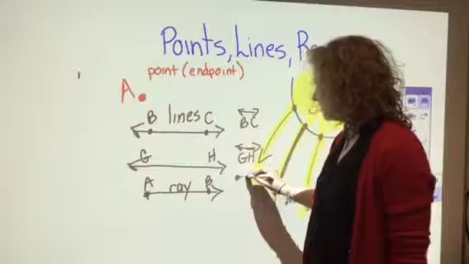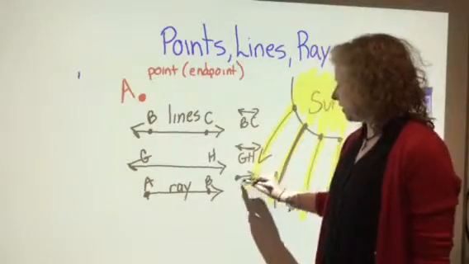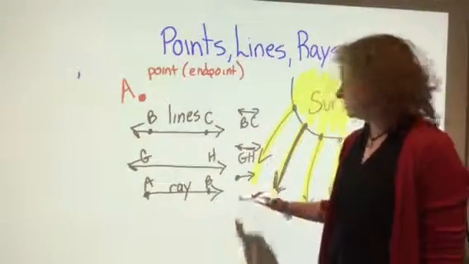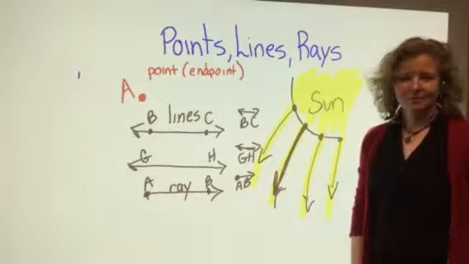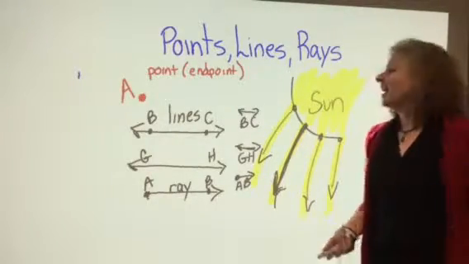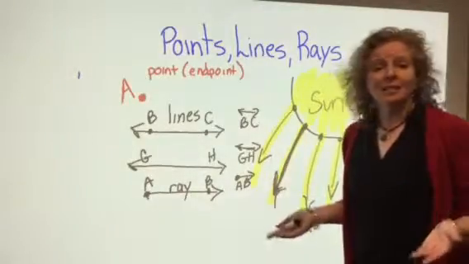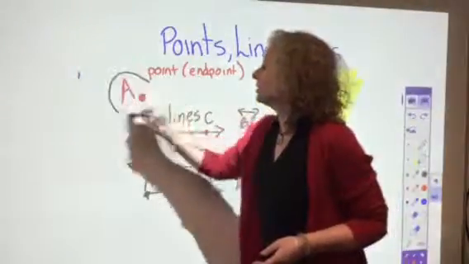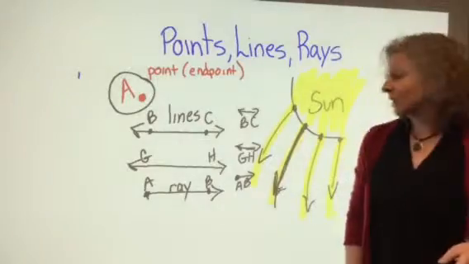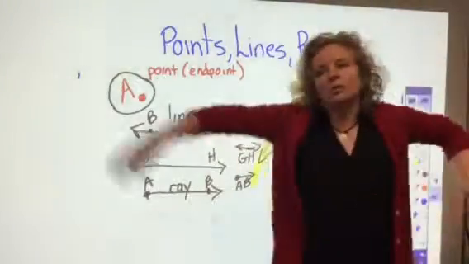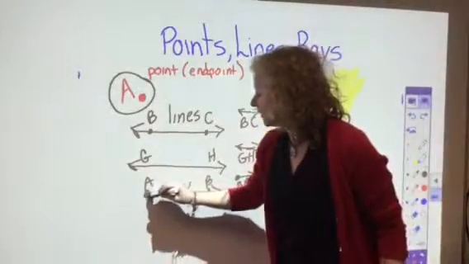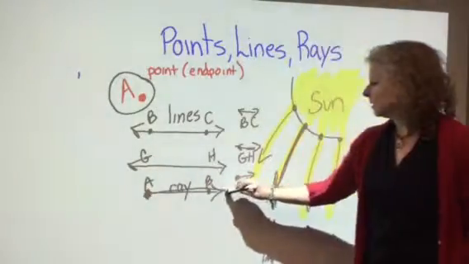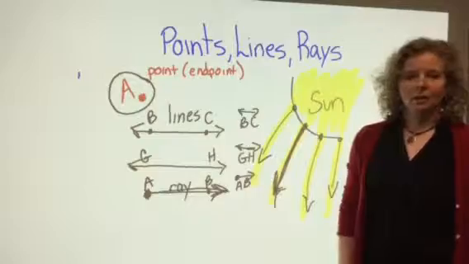And for this, you draw a ray, and this would be called ray AB. Difficult? I don't think so. That's the basics for what is a point, one spot on a plane. What is a line? It goes straight forever and ever. And then a ray starts in one spot and goes forever in one direction.